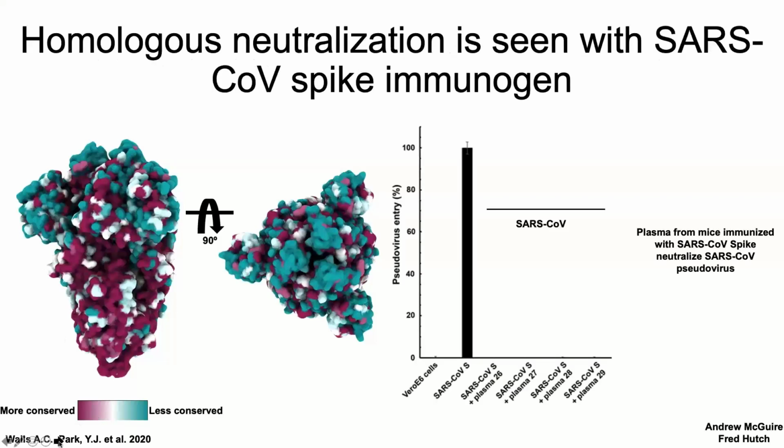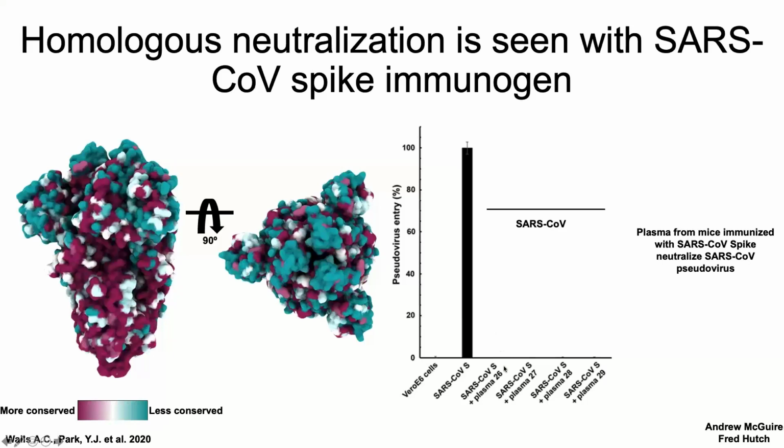And we had previously shown that when you have just the SARS coronavirus pseudovirus, you get 100% entry. And when you add the plasma from any of the mice that have been immunized specifically with the SARS coronavirus spike, you get 100% blockage of virus entry. What that means is that these mice have raised neutralizing antibodies against the SARS coronavirus spike.